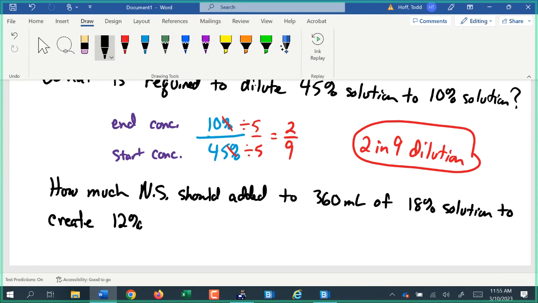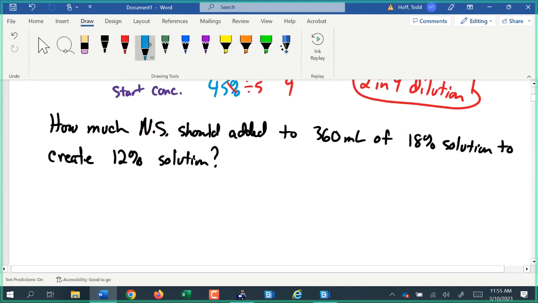Actually, yeah, that'll be fine. Well, we can find our dilution required.